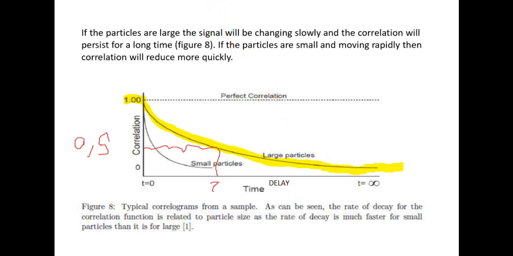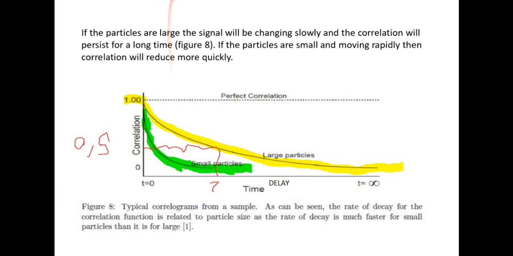However, for the smaller particles, due to having larger diffusion coefficient, their movement within the medium is faster, and as a matter of fact, the fluctuation of the scattered light is more rapid, and you see that it will take really shorter time for the particles to lose its memory, to lose its correlation.